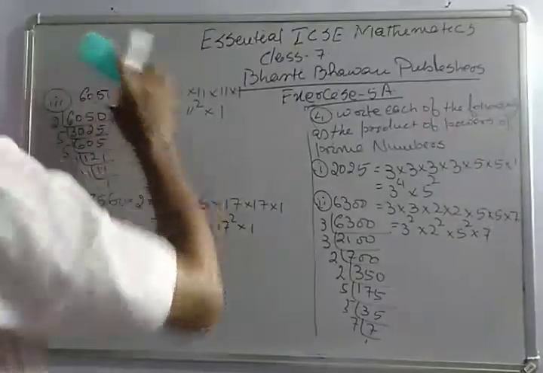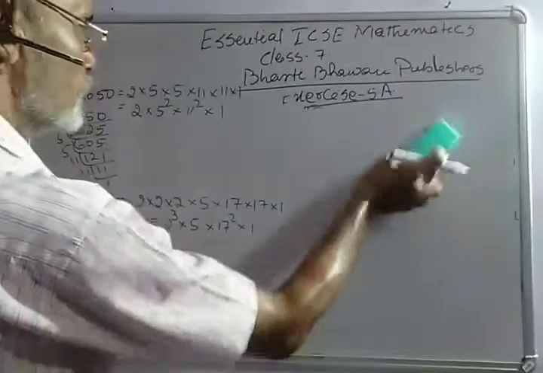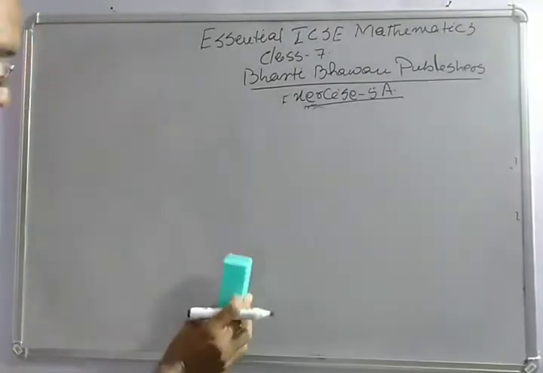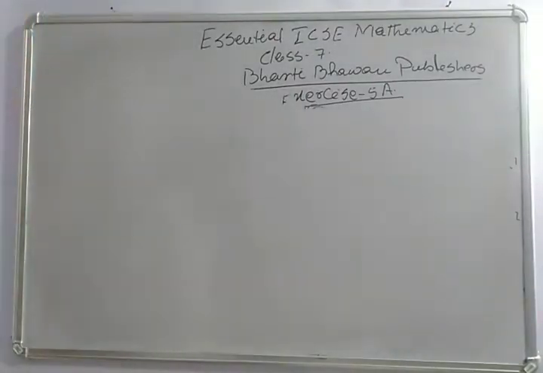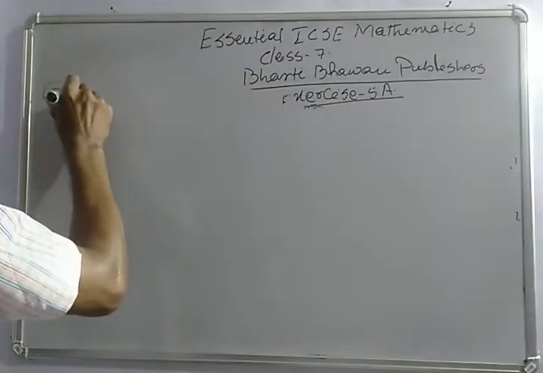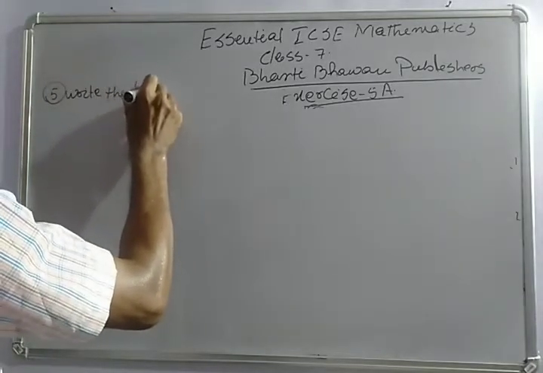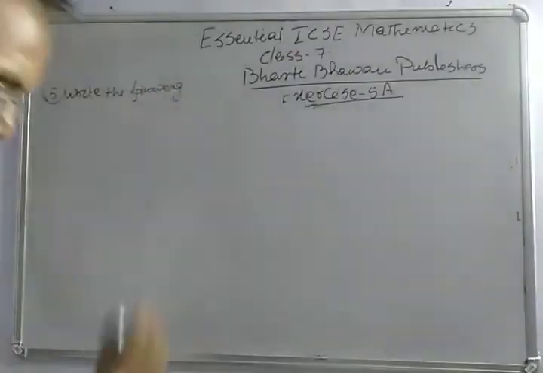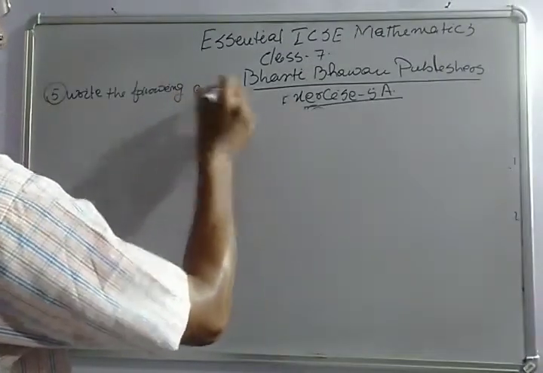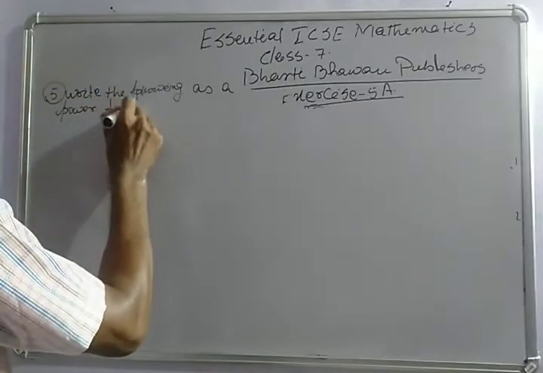Now number 5. Number 5 is write the following as a power of a prime number.